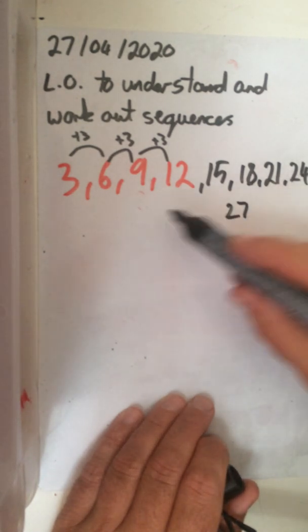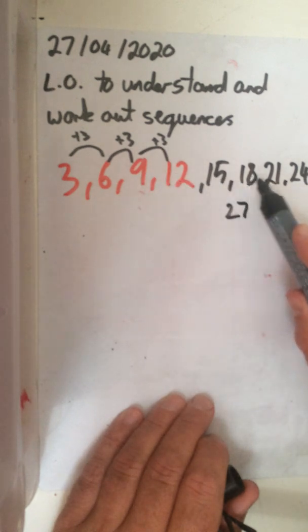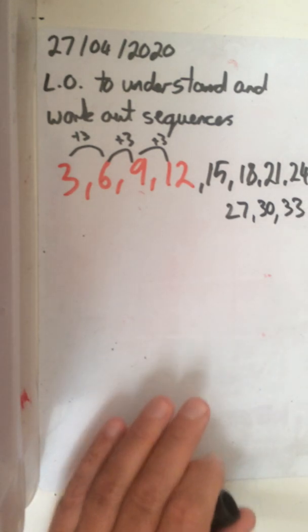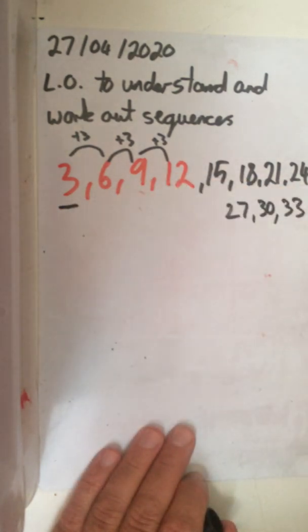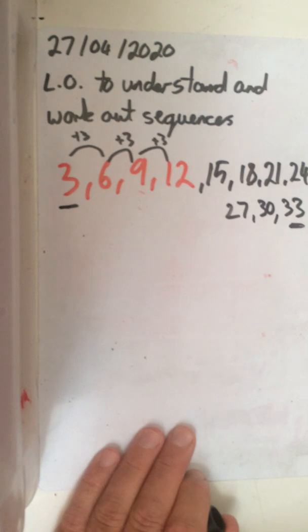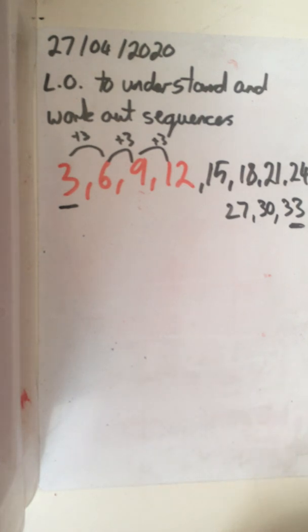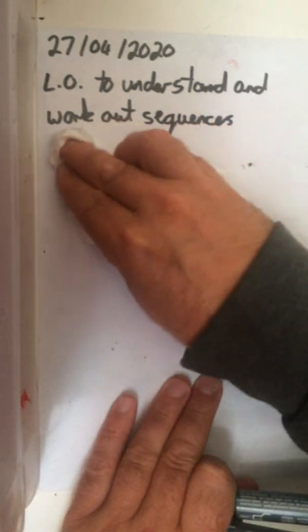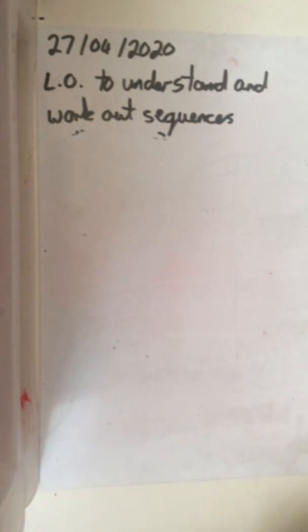So it's 1, 2, 3, 4, 5, 6, 7, 8, add 3 is 30, 9, add 3 is 33. So that's the first in our sequence, and that's the 10th in our sequence. All we're doing is repeating the same thing, adding the same number each time.